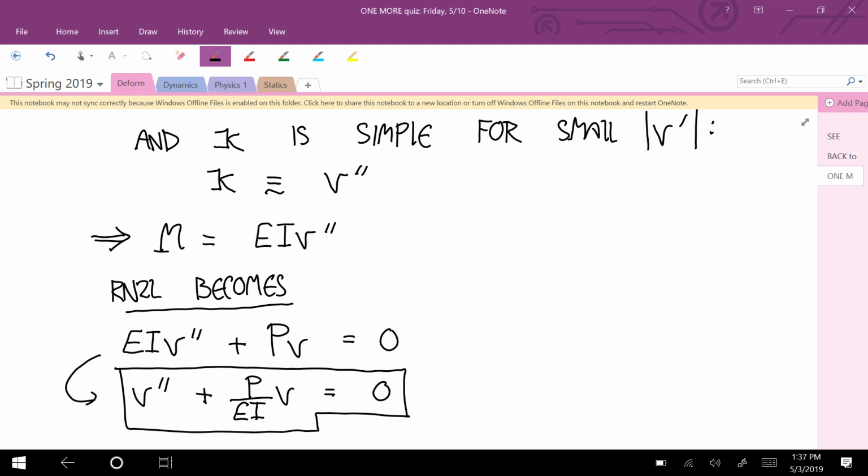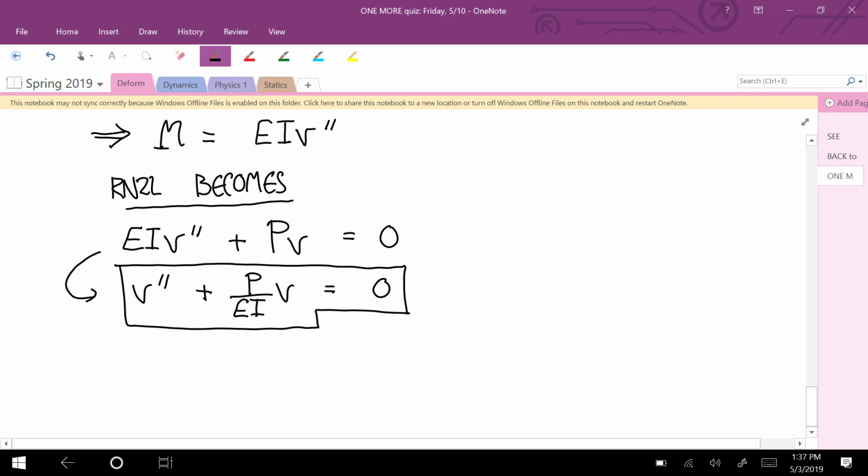Okay, so the solution to this, I'll call this star.